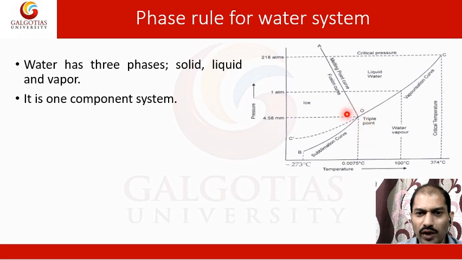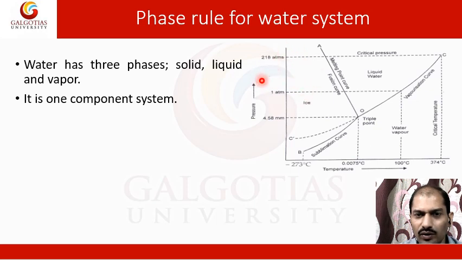This point, the triple point, is very important. You can see at what particular pressure and temperature the triple point occurs. The critical pressure is the maximum pressure you can see here, and the critical temperature is 374 degrees Celsius, at about 218 atmospheric pressure.